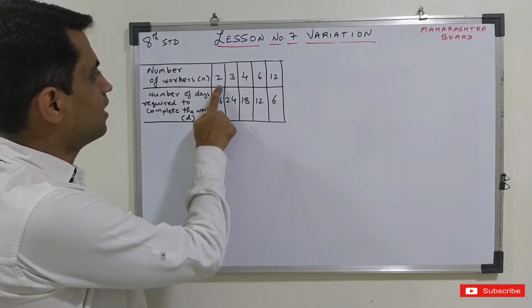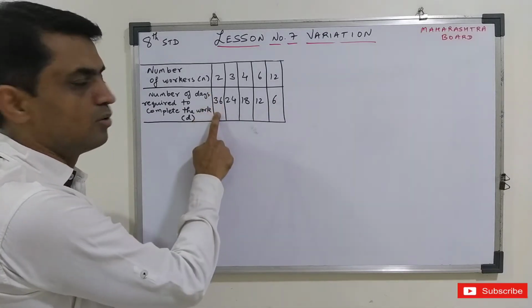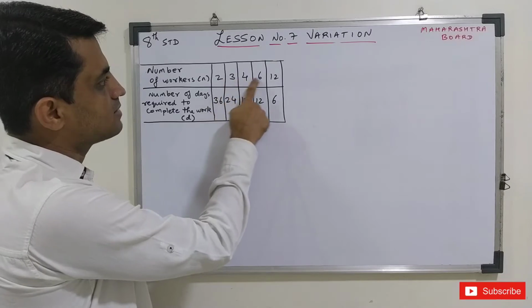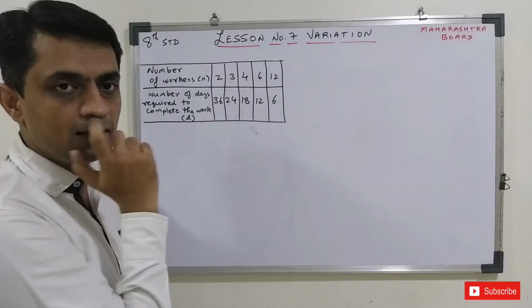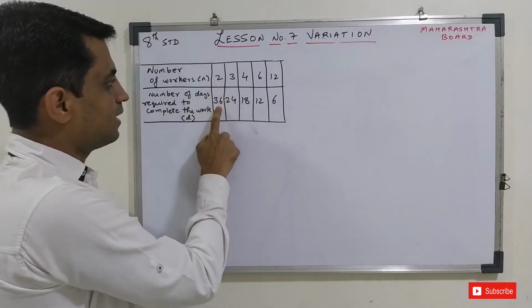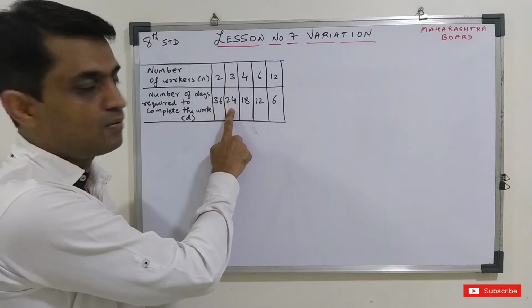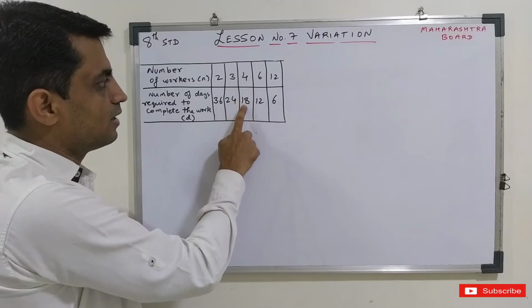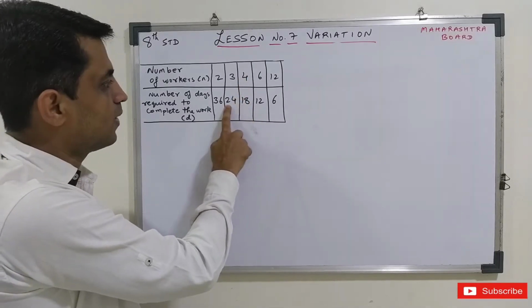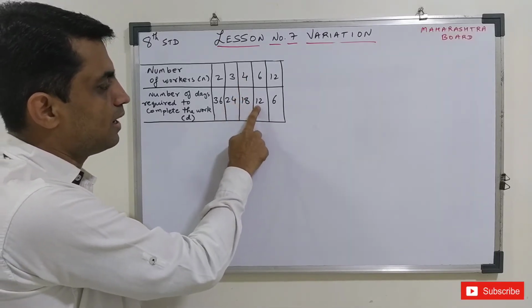It means if you see here, fewer workers, more days. As the workers are increasing, the days are decreasing. 2 workers were there, the days were 36. 3 workers, days were 24. 4 workers, now the days are reduced to 18. So 24 to 18, then 18 to 12, 12 to 6.